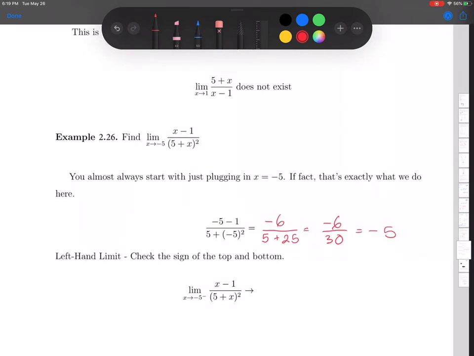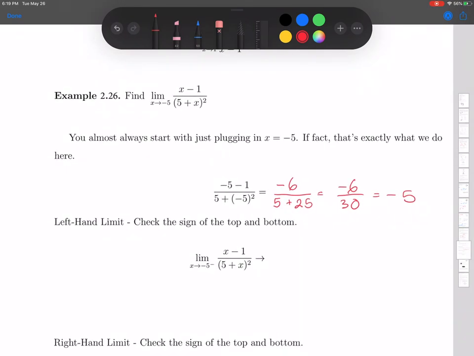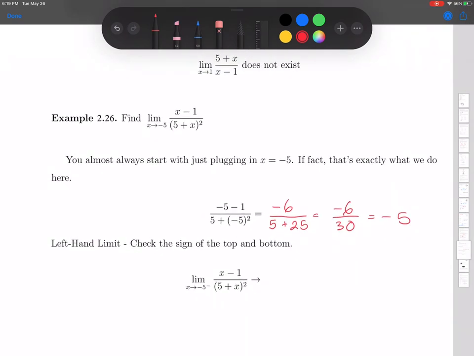Let's go ahead and look at a left-hand side limit. So if I look at a left-hand side limit, remember that we would be choosing values that are slightly less than -5.